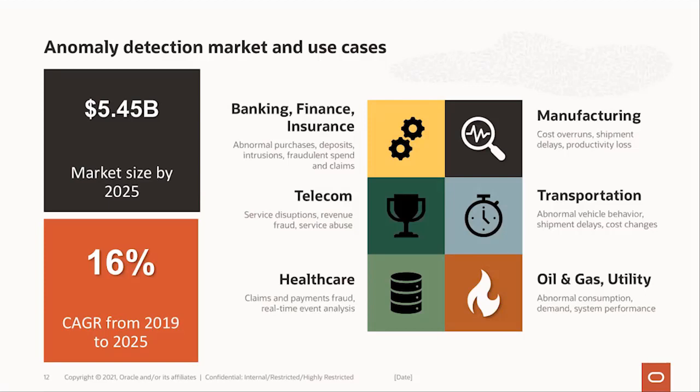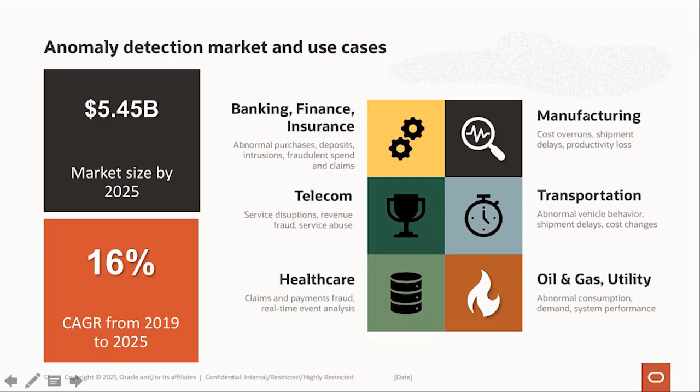Telecom is also a fit. From the service level perspective, you could do quite a number of anomaly detection based use cases to identify potential service disruptions based on the signals you're collecting from the assets. In healthcare, there are quite a number of payments and claims focused fraudulent behaviors that can be identified using anomaly detection.